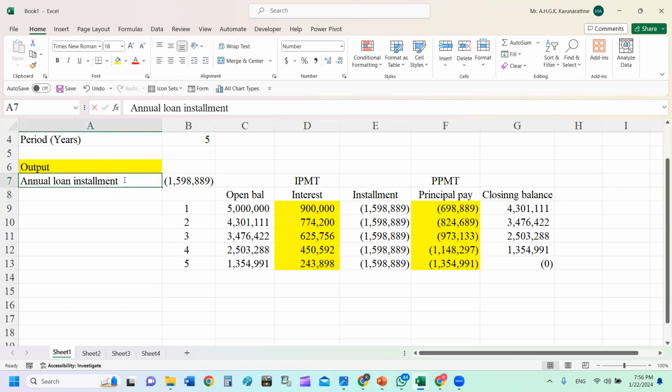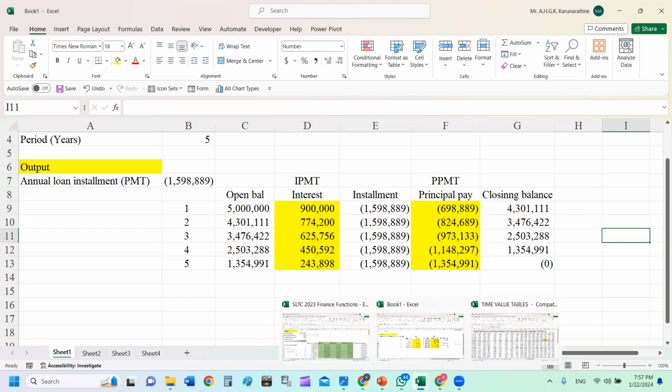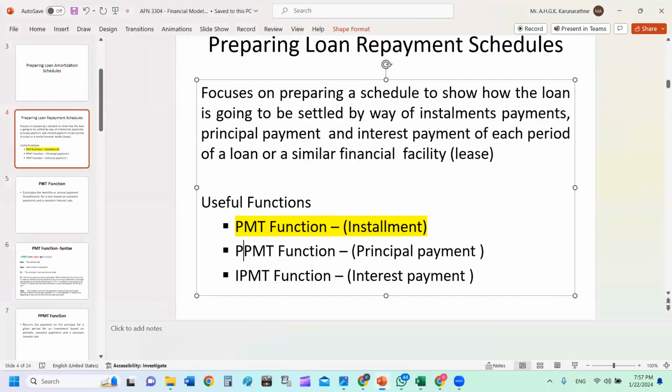The installment is determined using the PMT function. That is important. If you can't determine the installment, either by using the present value interest factor annuity or PMT, you can't prepare this loan repayment schedule. Now we'll try this activity here.